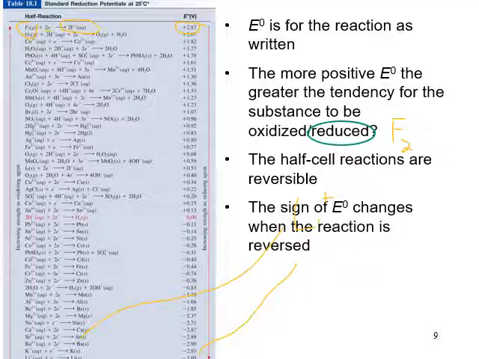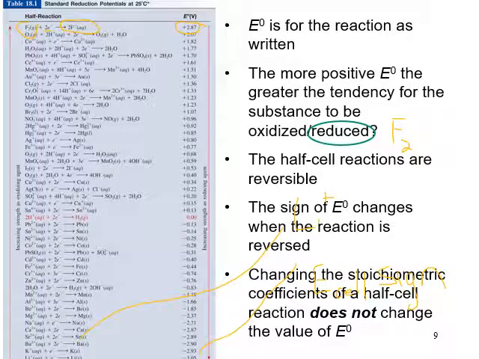But I caution you against doing that because when we do our half cell reactions and our cell reactions, when we're going to calculate E of cell, keep them the same. If you want to flip them so you can add up the chemical reactions, that's fine, but keep the E of cell sign as it is on the table.